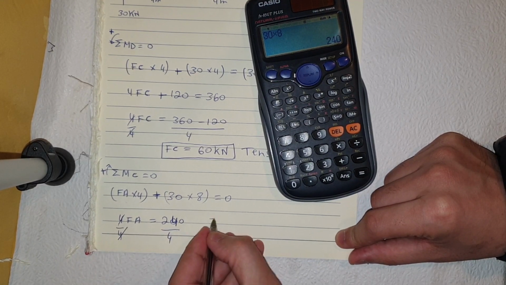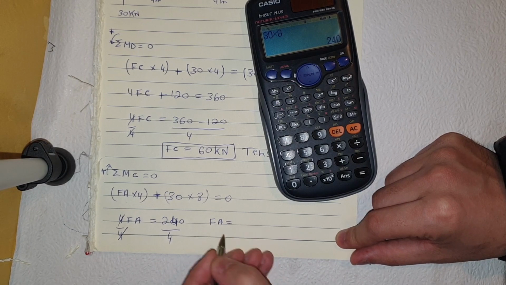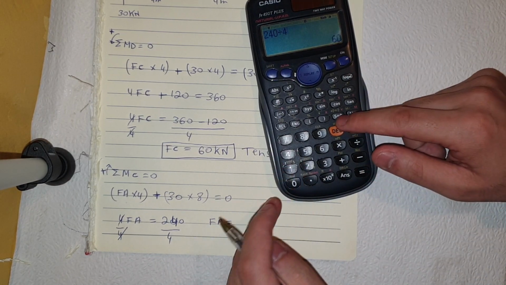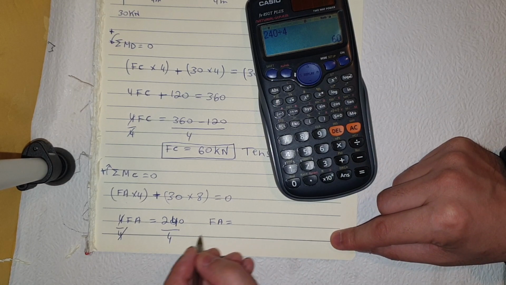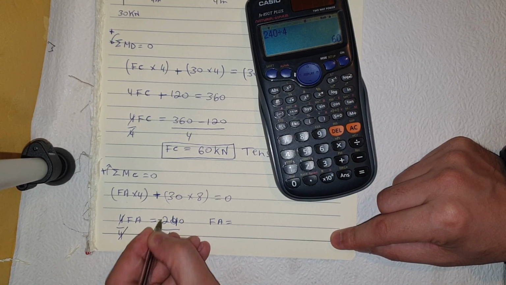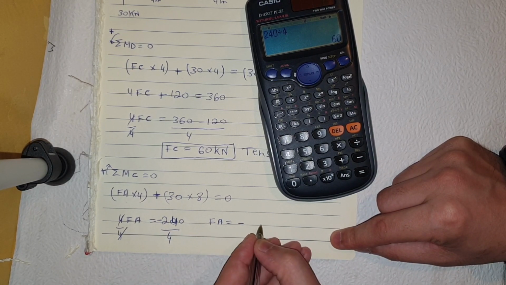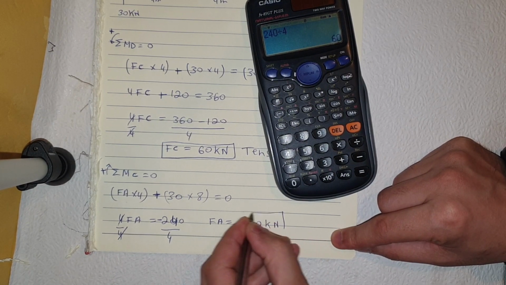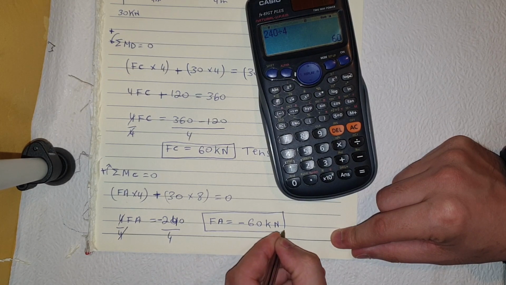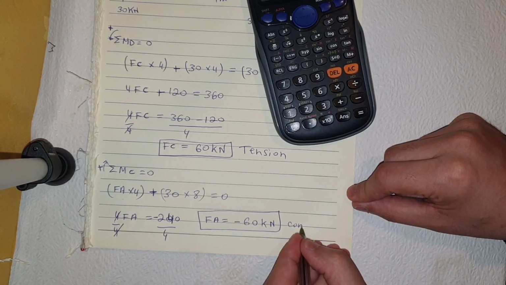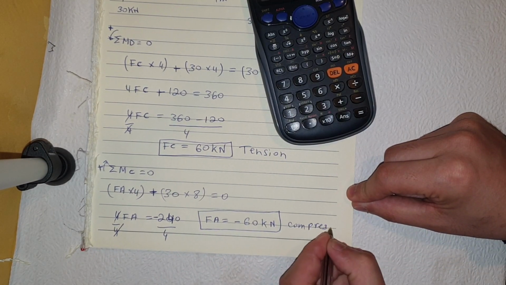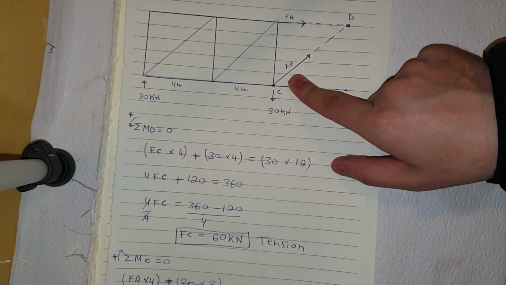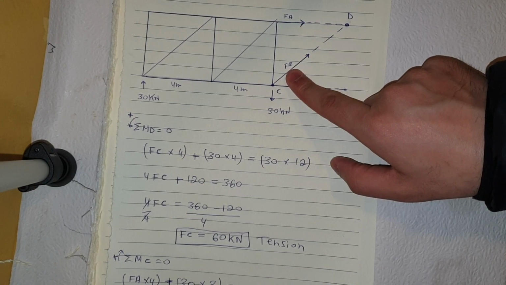So our FA will be equal to 240 divided by 4, and that becomes minus. So minus 60 kilonewton, and that's compression.